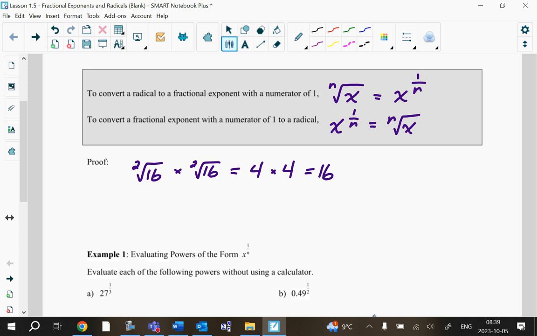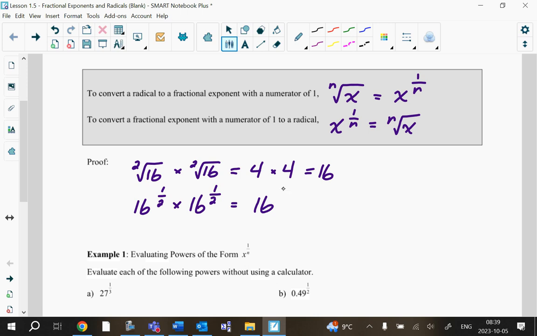Think of your exponent laws. What if I asked you, what's 16 to the 1/2 times 16 to the 1/2? That's an exponent law. What happens to the base when we multiply powers? Stays the same. What do we do with the exponents when we multiply powers? Add them. What is 1/2 plus 1/2? 1.